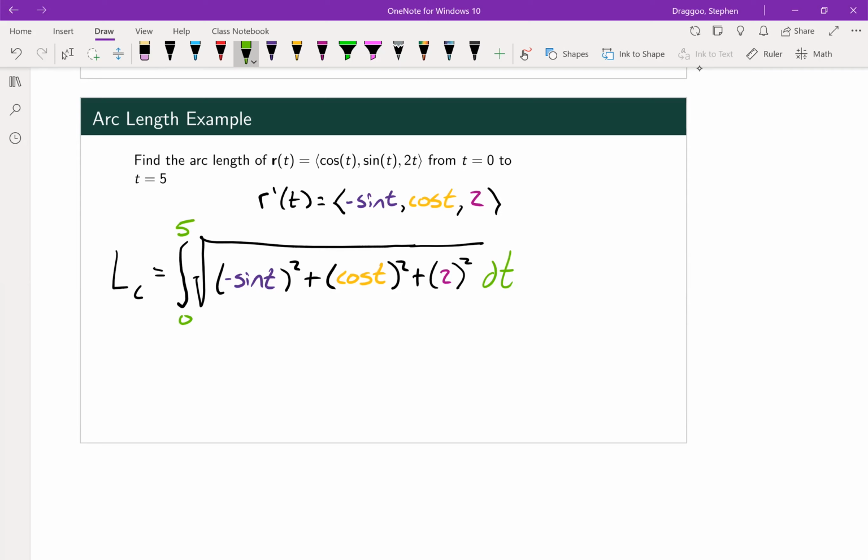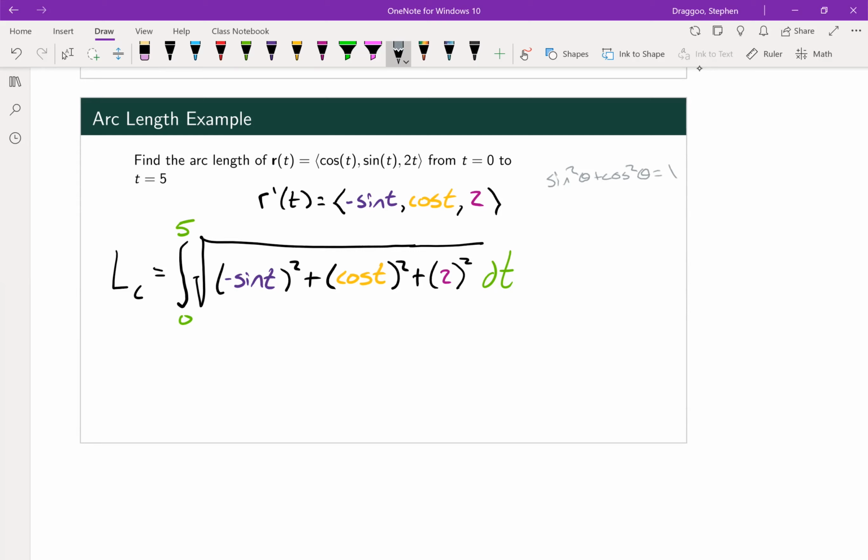So a trig identity is going to help us out here quite a bit. That particular identity is sine squared plus cosine squared is equal to 1 as long as it's the same input for both sine and cosine. And that's exactly what we have here.